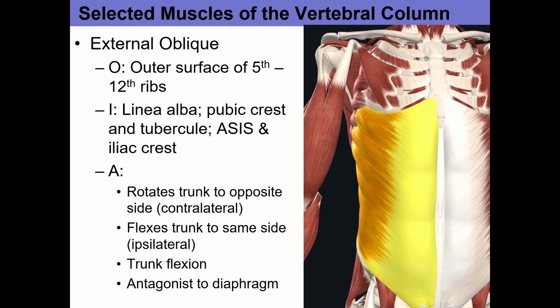And then one other thing I wanted to point out is this aponeurosis, this sheet of connective tissue here. So you can see the rectus abdominis is not visible anymore. It's actually deep to this sheet of connective tissue. And so that's called the rectus sheath. And what that connective tissue does is it helps keep rectus from what's called bowstringing, so kind of like popping out whenever you flex the trunk.